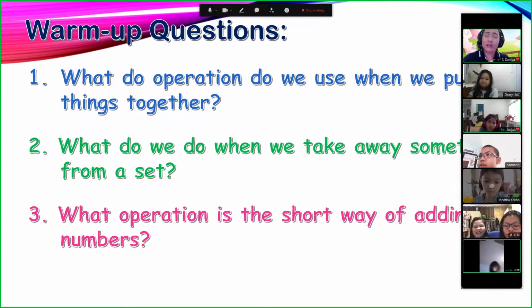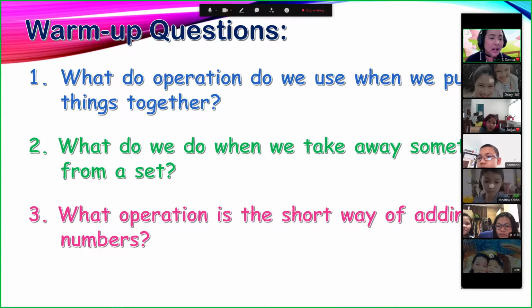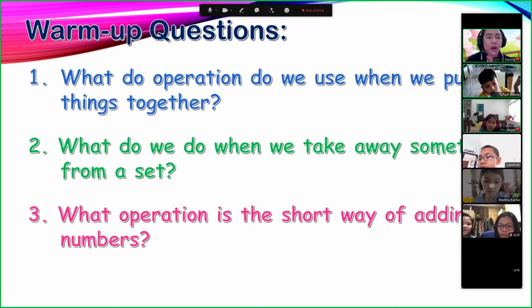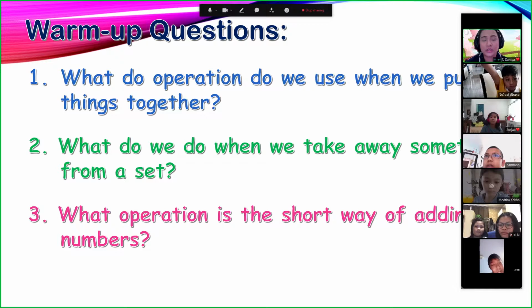If you have a lot of numbers, for example, you add 2 plus 2 plus 2 plus 2 plus 2 plus 2 plus 2, and you want to stop adding and adding again and again, what operation can you use instead of addition?